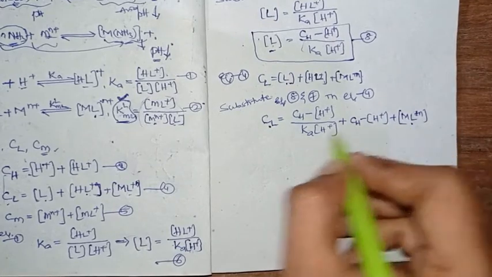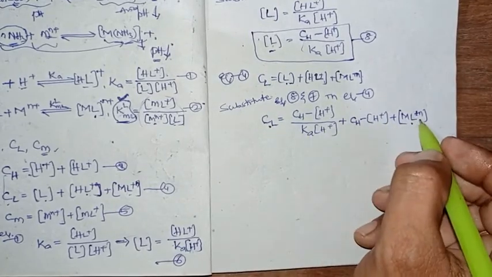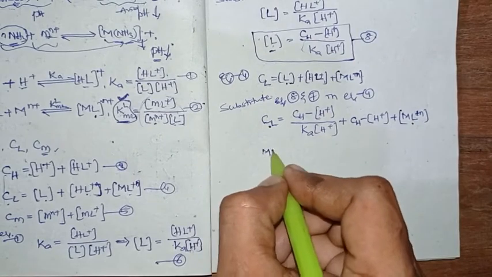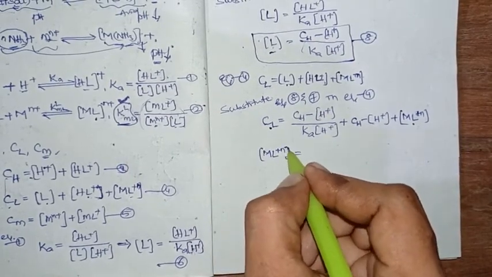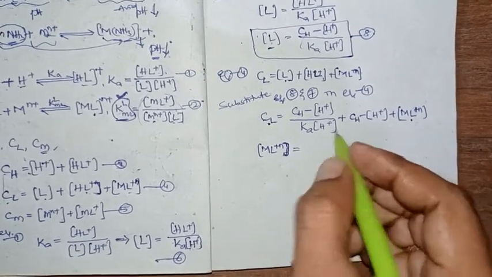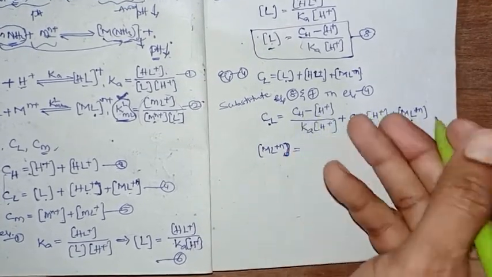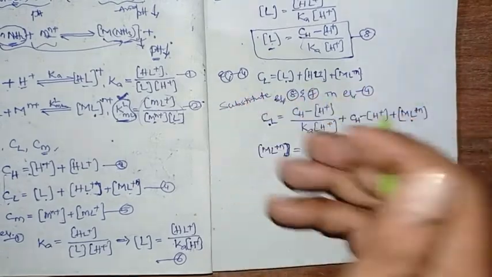Writing the equation for the unknown term: the unknown term is the metal complex concentration, equal to, right, these all have to be shifted from left side to right side.